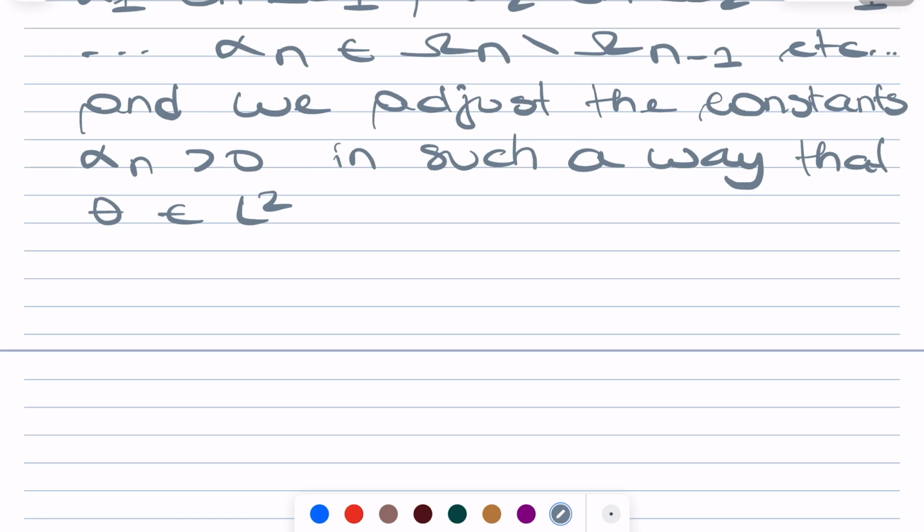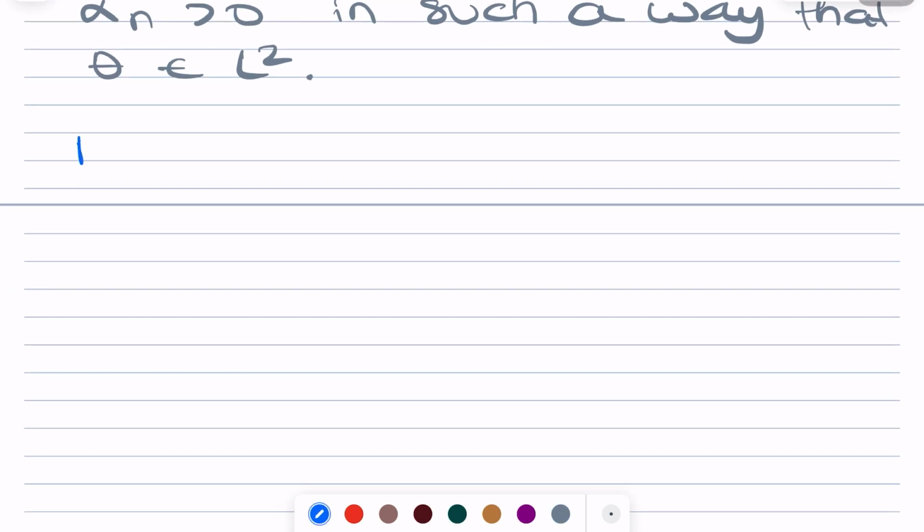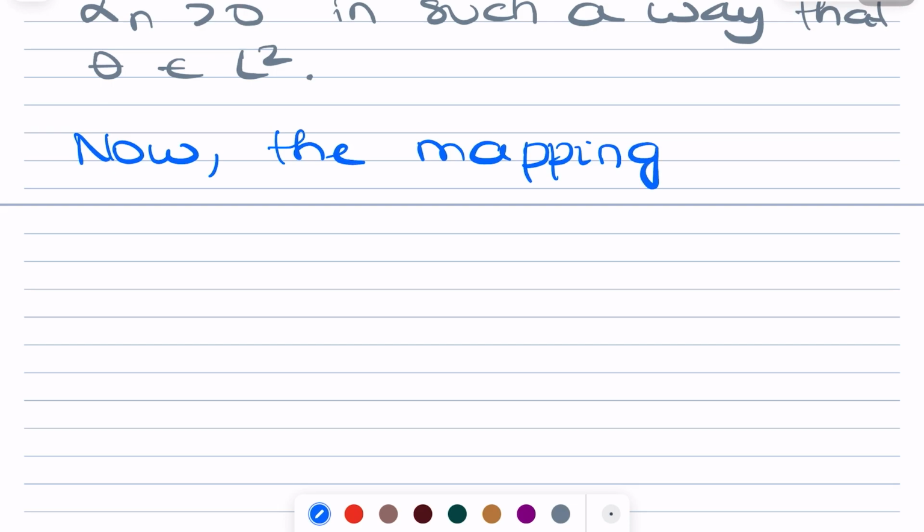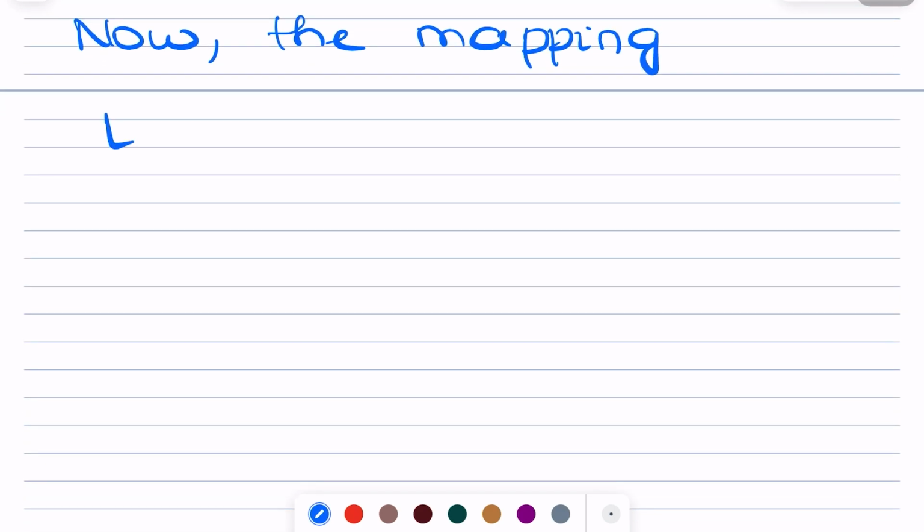Good. So now the mapping which at every element f of L2 associates the dual pairing between phi and theta f.